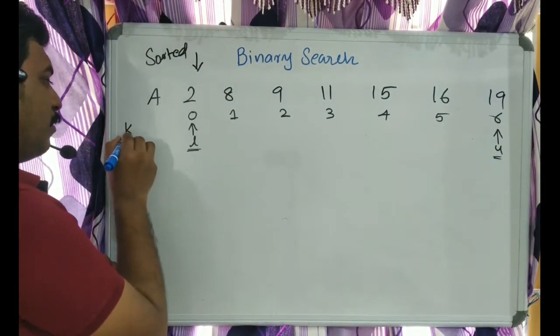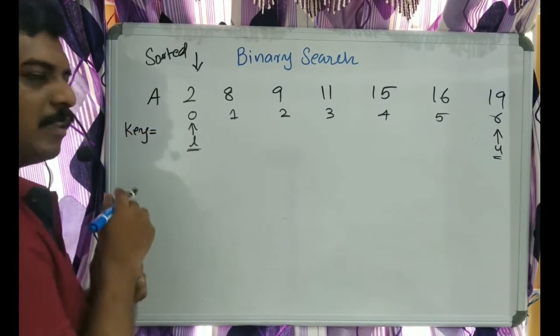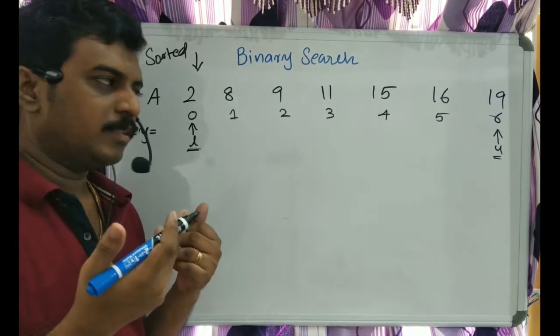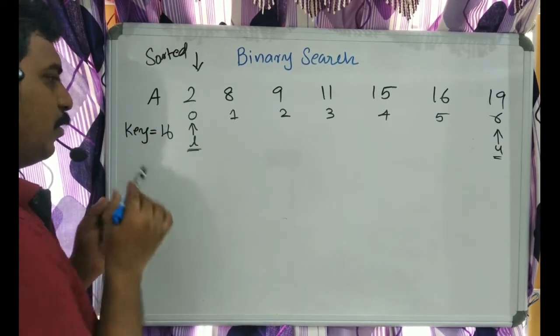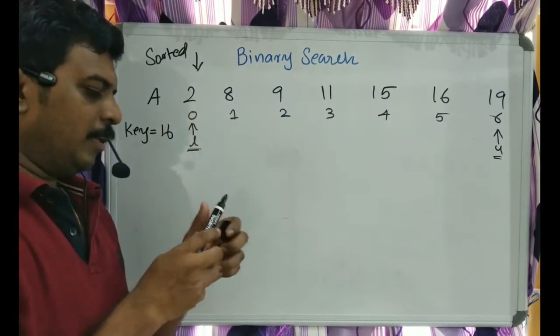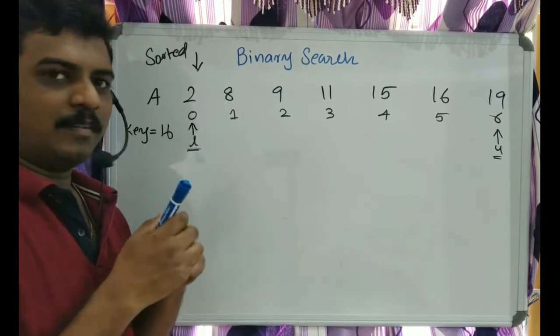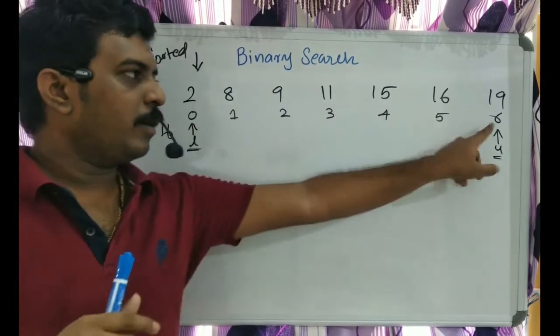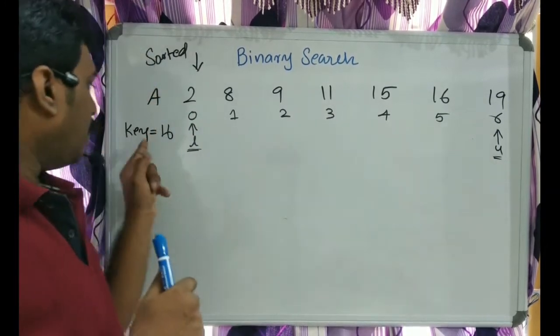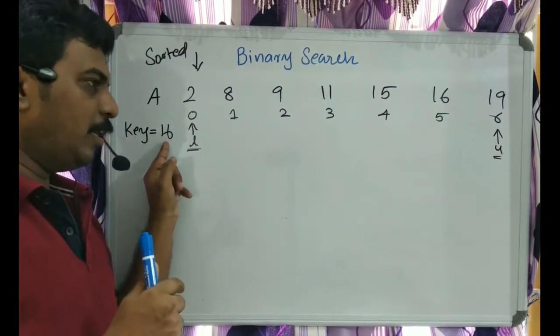And I am taking the key element, which is the element to be searched for in the array, and I am taking it as 16. So this is the initial configuration of binary search: the sorted array, lower index 0, upper index 6, and the element to be searched is 16.